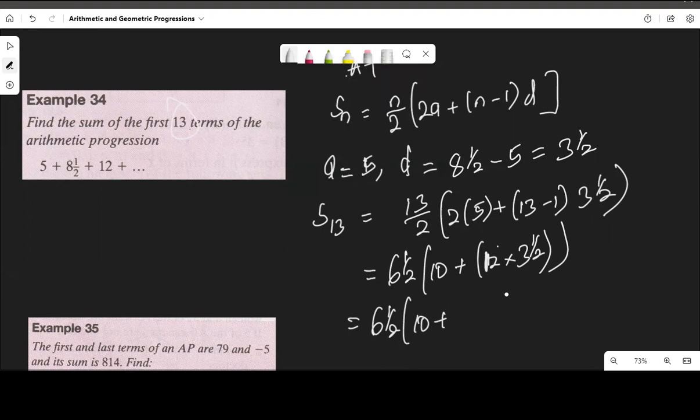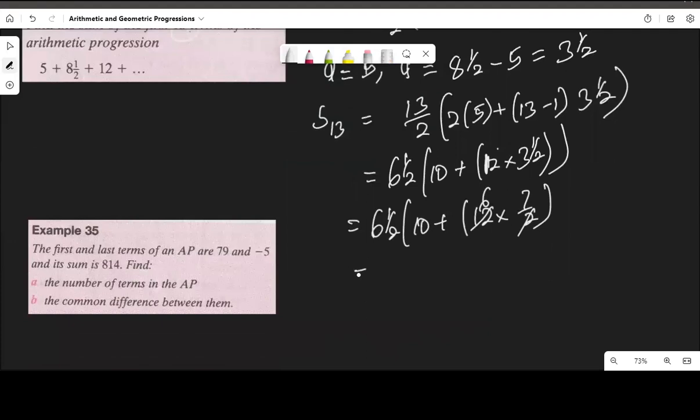Let me convert this to an improper fraction first. 12 times 3.5 is 12 times 7 over 2, 2 here 1, 2 here 6. I'll have 6.5 multiplied by 10 plus 6 times 7 is 42, and 42 plus 10 is 52.